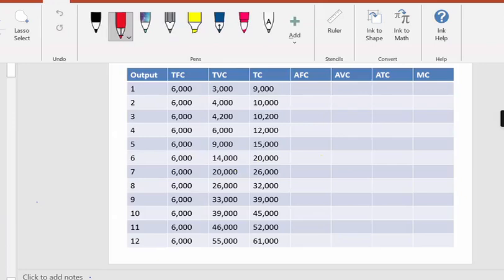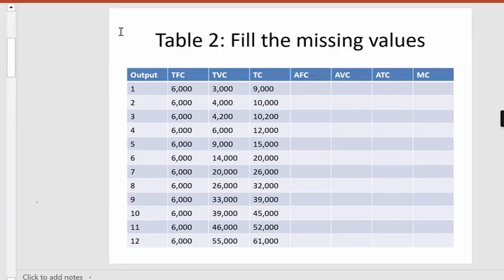For example, here we said total fixed cost is equal to what? Is equal to fixed cost divided by what? Divided by Q, right? So what does it mean? That means you have to take this here, which will be 6,000, right?